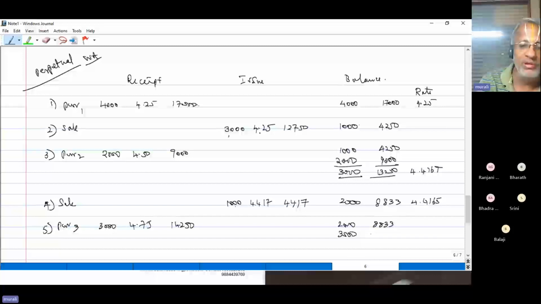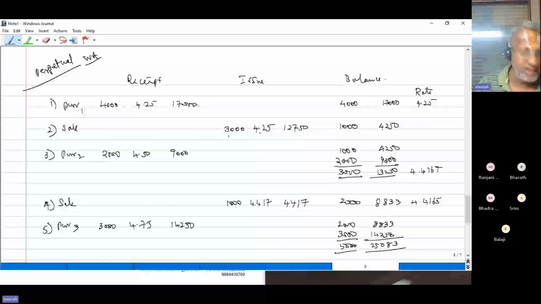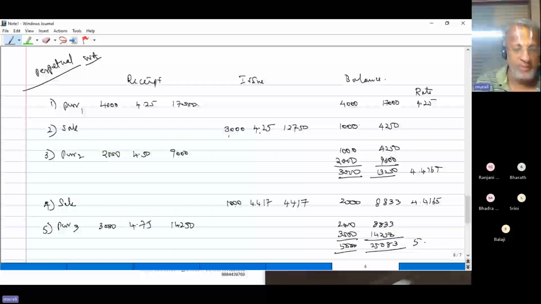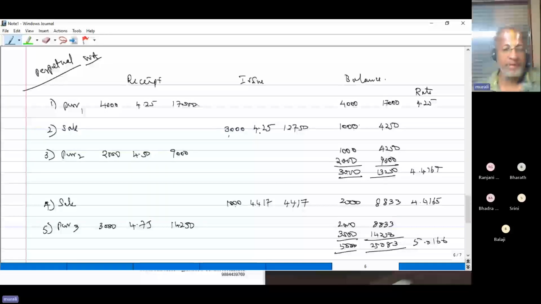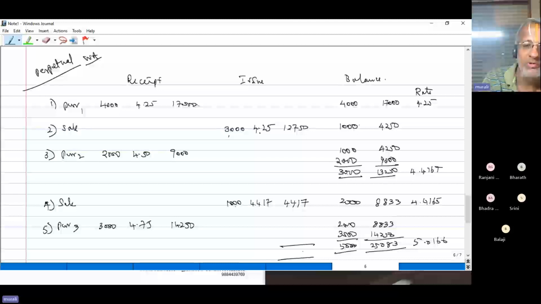This 3,000 at 14,250. I have 5,000 units. Now the value is different: 25,083. So 25,083 divided by 5,000 comes to 5.0166. Now when I want to update here, what is your COGS?